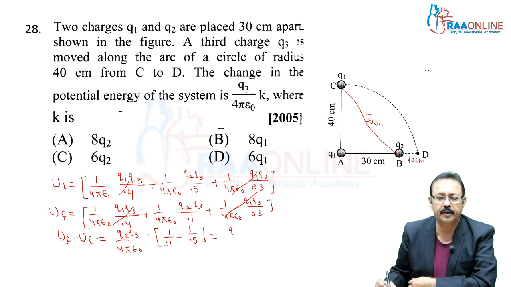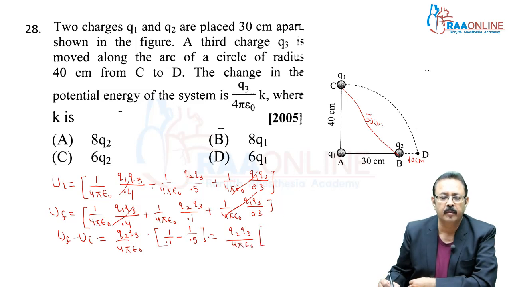It means Q2, Q3 upon 4 pi epsilon naught times 0.5 minus 0.1, which is 0.4, upon 0.1 into 0.5.